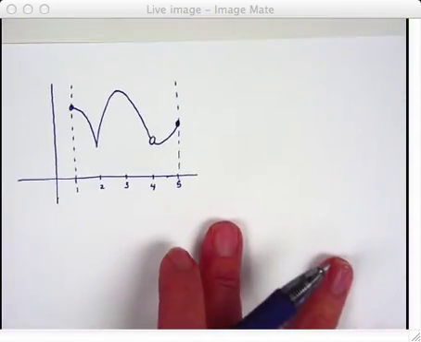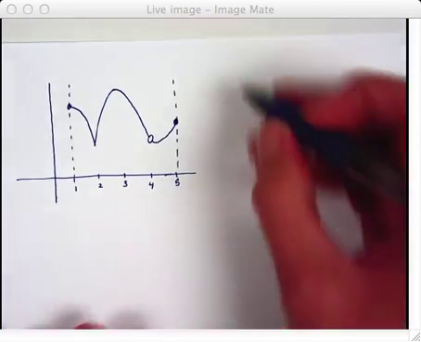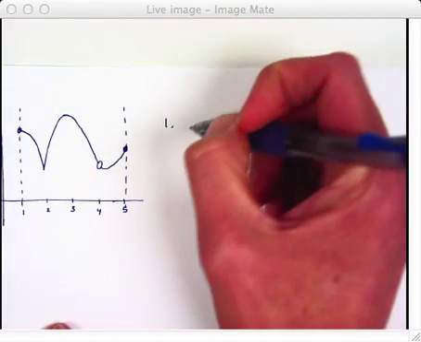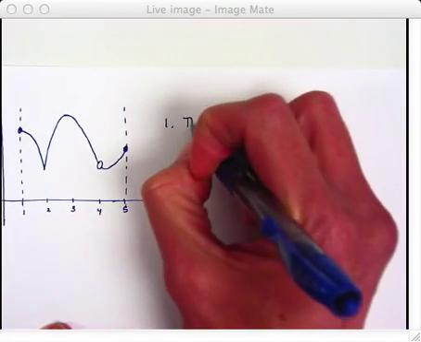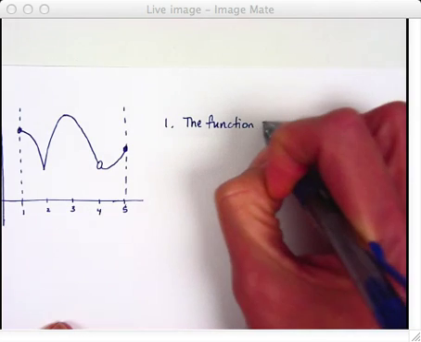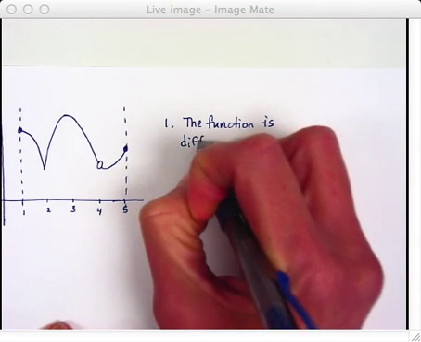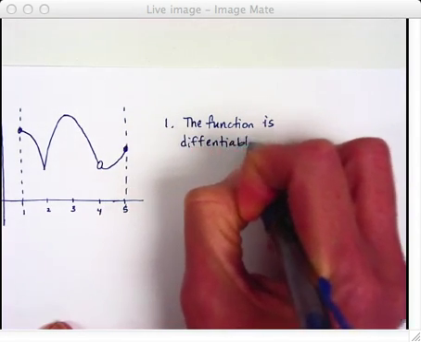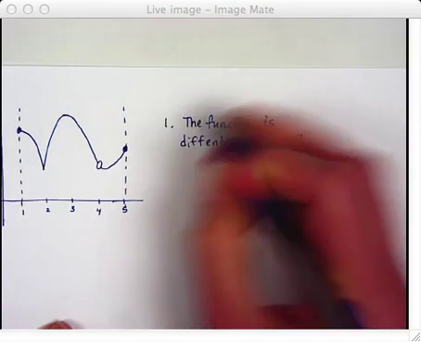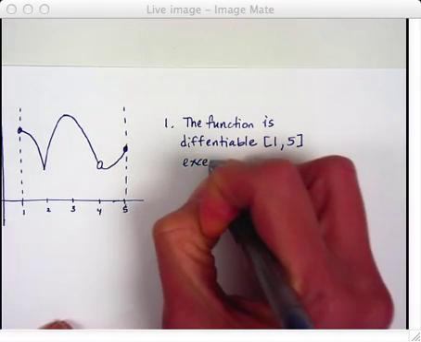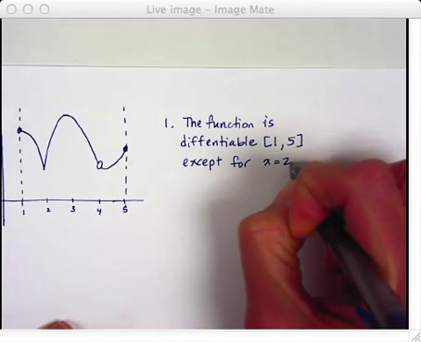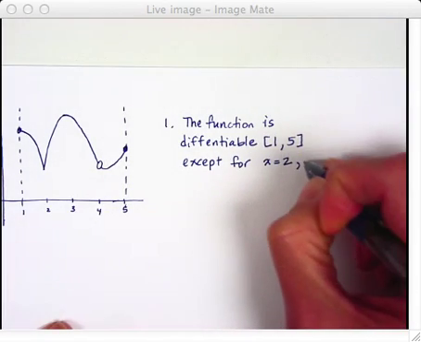So in this picture here, I would say for number 1, the function is differentiable on the interval from 1 to 5, except for x equal to 2 and 4.